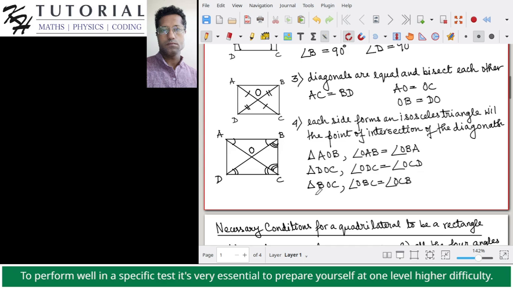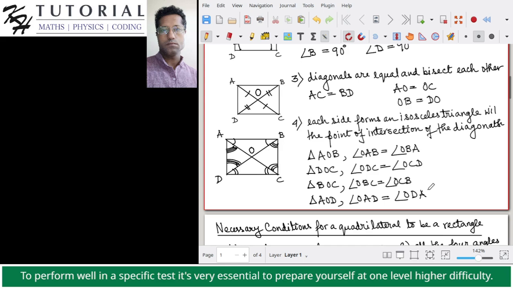And finally, on the side AD, we will have the isosceles triangle AOD, where this angle will be equal to this angle. That is, angle OAD should be equal to angle ODA.